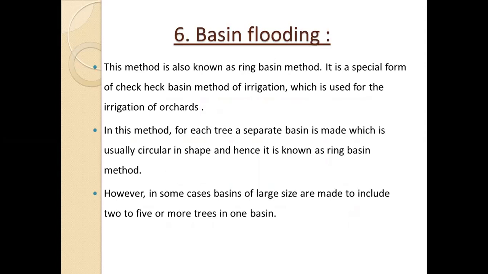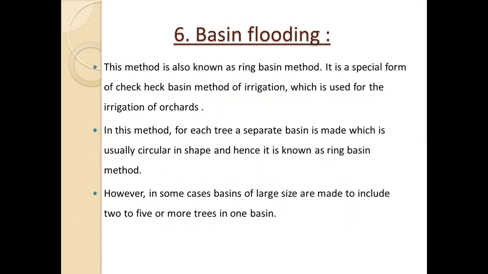The next one is basin flooding. This method is also known as the ring basin method. It is a special form of the check basin method of irrigation which is used for irrigation of orchards. In this method, for each tree a separate basin is made, which is usually circular in shape, and because of the circular shape it is also known as the ring basin method.